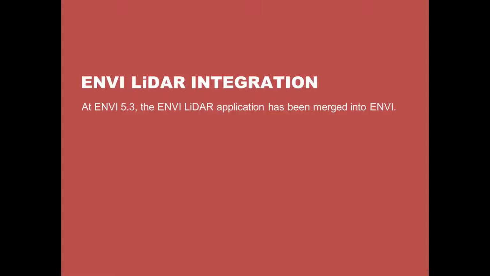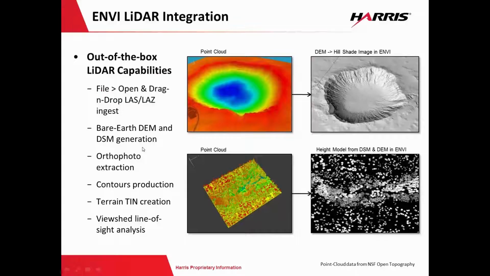Now core ENVI has significant out-of-the-box point cloud visualization and analysis capabilities. This includes the ability to generate digital elevation models, digital surface models, contour lines, and several other products right out of the box. You also now have programmatic access to LiDAR point cloud analysis capabilities directly through the ENVI API, and I'll talk about that a little bit more in a couple of slides.